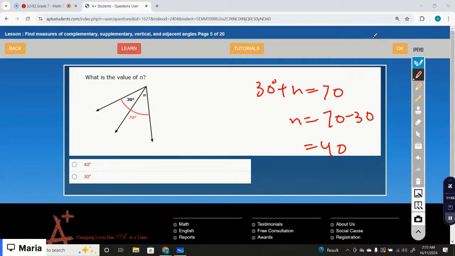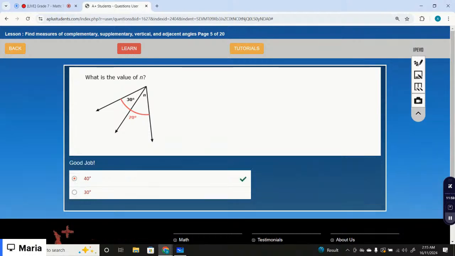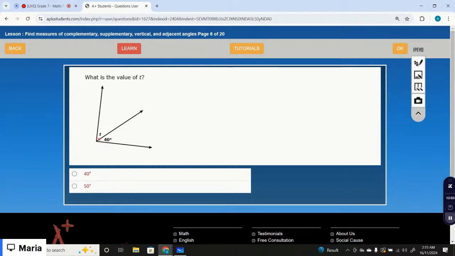The correct option is 40 degrees. That is, option number 1 is the correct option. What is the value of t, which is the correct option?